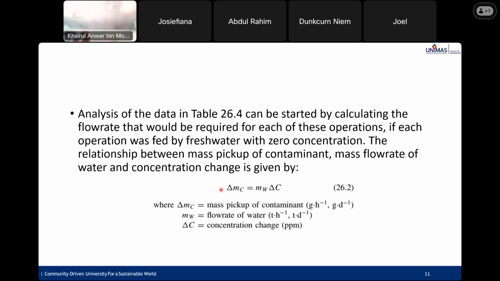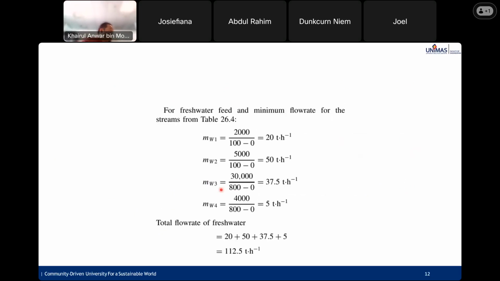Delta means difference. So delta C relates the mass pickup of contaminant to the flow rate of water and the concentration change, C in and C out. For the fresh feed and minimum flow rate for each stream, from table 26.4, you can calculate the mass flow rate of the fresh water feed. Talking about fresh water feed, all is starting from zero here.